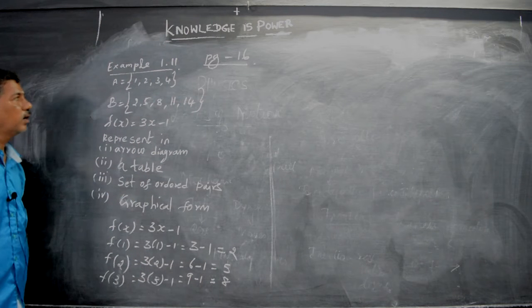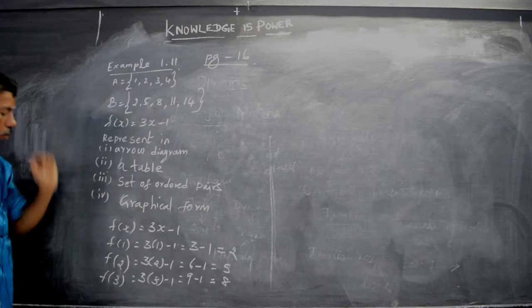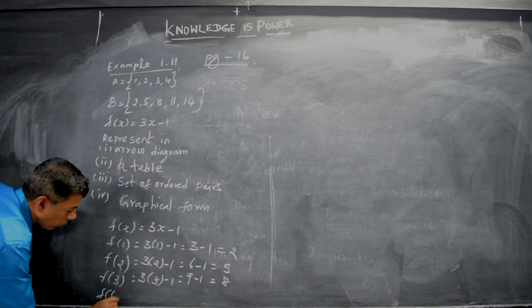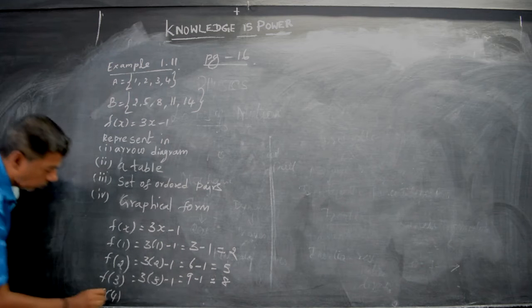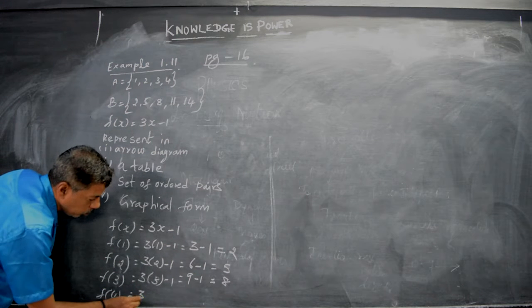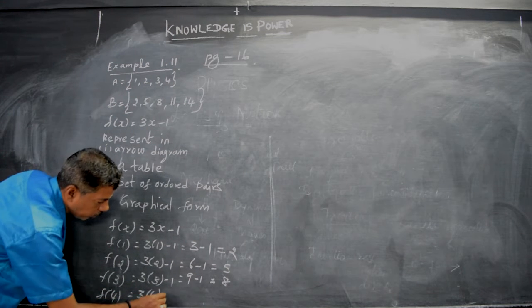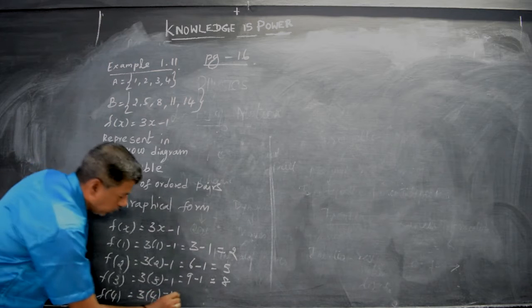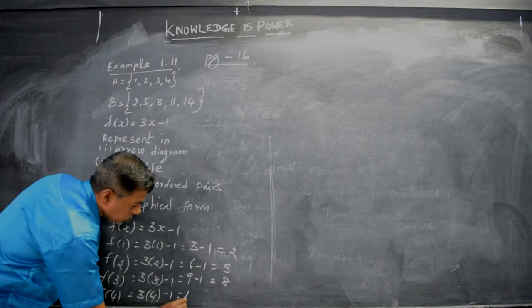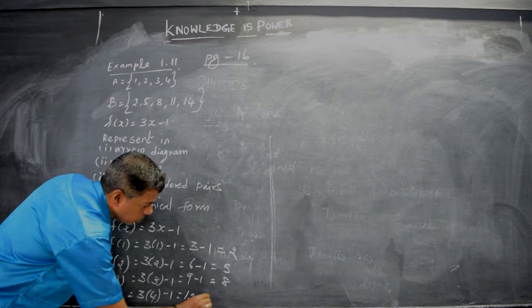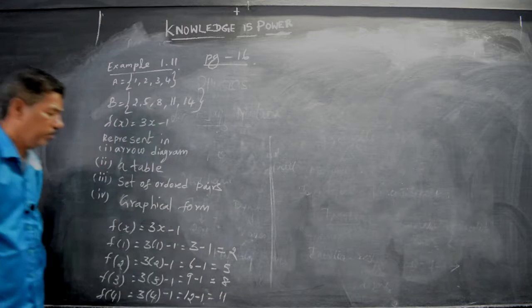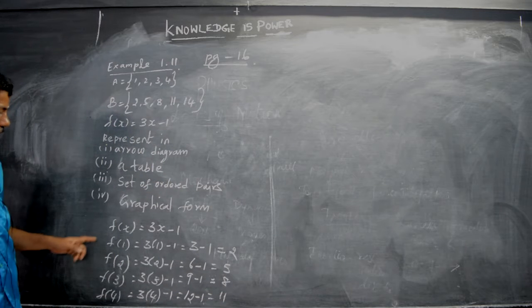Is it clear? Then take the next value, 4. f of 4 equals 3 into 4 minus 1. 3 fours are 12, 12 minus 1 equals 11. Is it clear now?